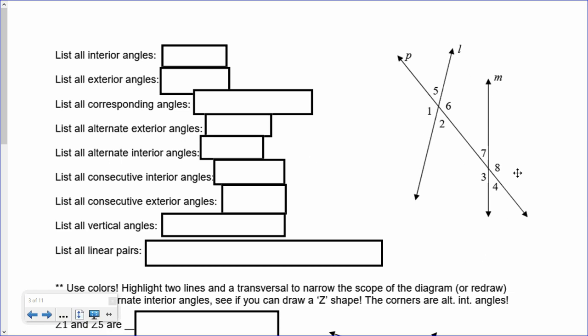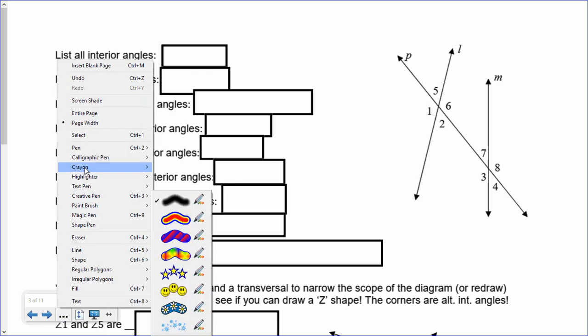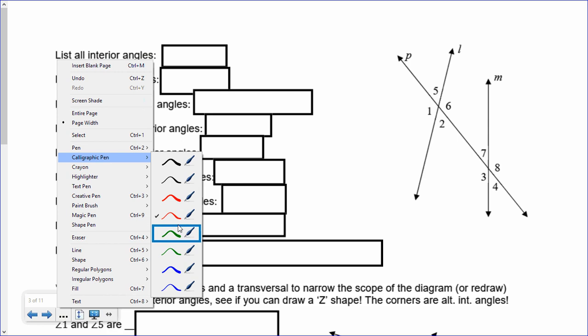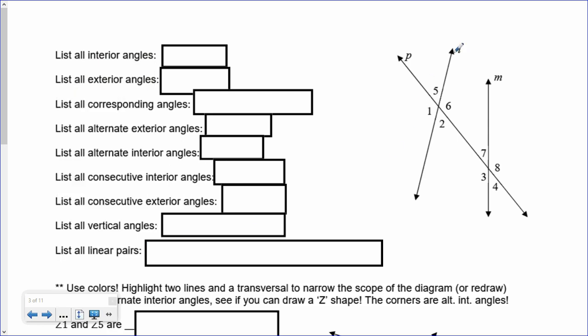So in this picture right here, I have angles 1 through 8 all labeled, and we're going to identify all the angles that apply to these categories. So first of all, let's find the interior angles. I'm going to use some color coding, and this is a really good strategy I recommend for you guys.